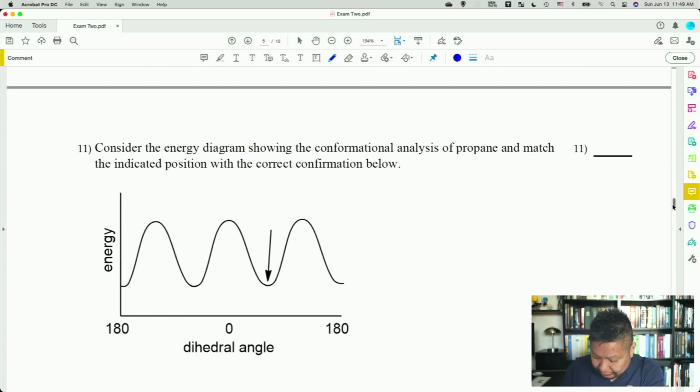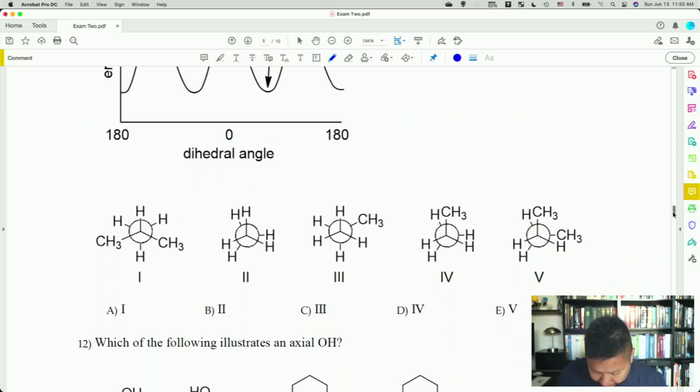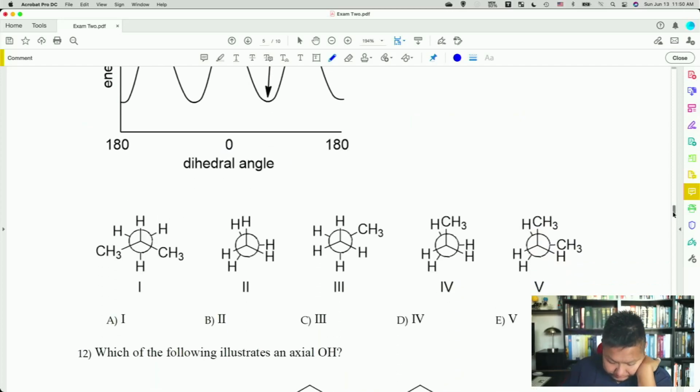Next, consider the graph of the conformational analysis of propane. That's important to know. The structure here is propane, and what does the arrow indicate? The first thing to notice is that it can't be A, because A has one carbon in the front.